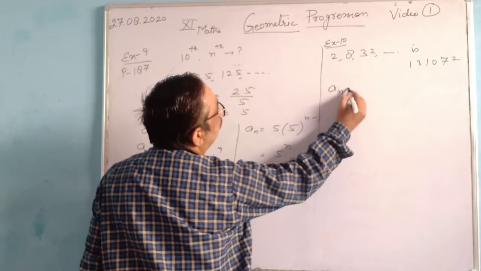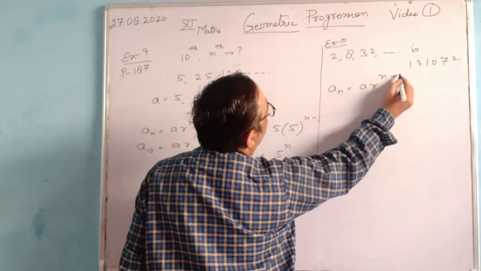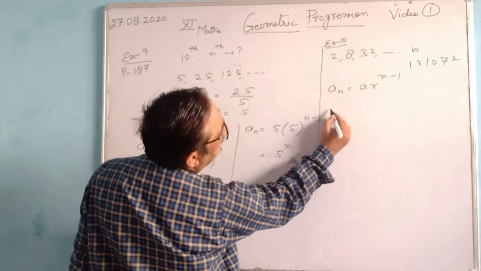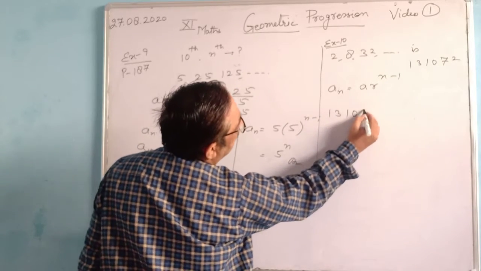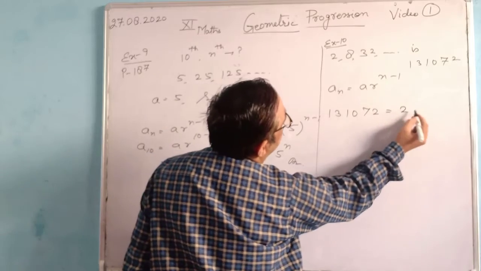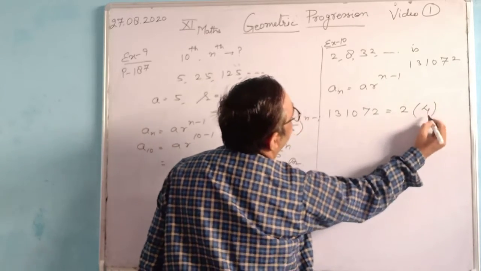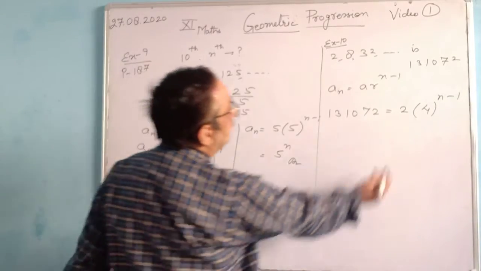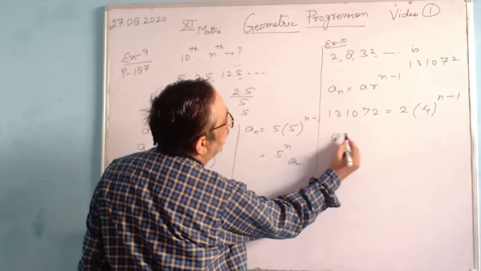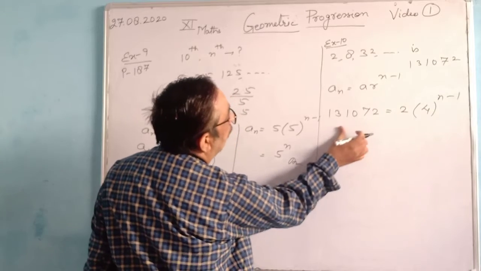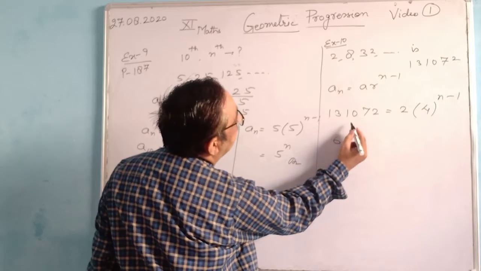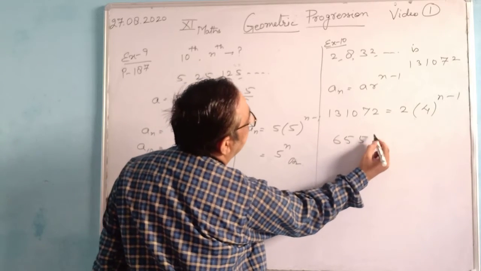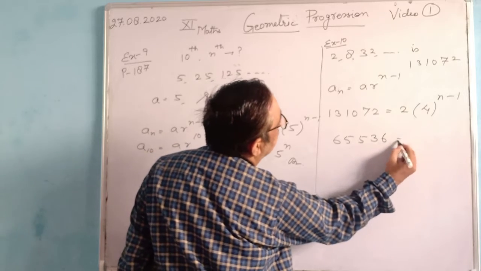an equals ar raised to the power of n minus 1. an is given 131072. a is 2. r is 4 raised to the power of n minus 1. First of all, this is divided by 2. 2 5s are 10, 2 6s are 12, 1 carry. 2 5s are 10. 2 3s are 6.